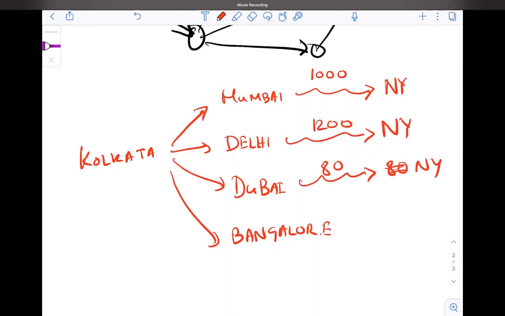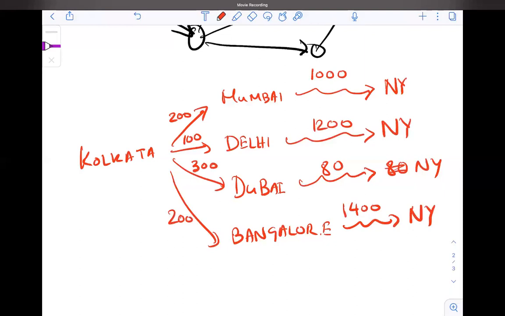That we don't know. From Bangalore, say the cheapest price is $1,400. Now from Calcutta, if I want to go to Mumbai, that will cost me $200. From Calcutta to Delhi, $100. From Calcutta to Dubai, $300. From Calcutta to Bangalore, $200.